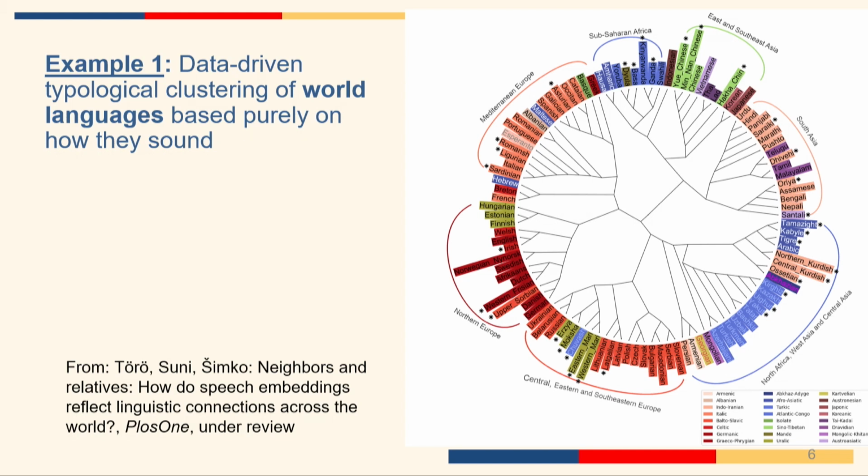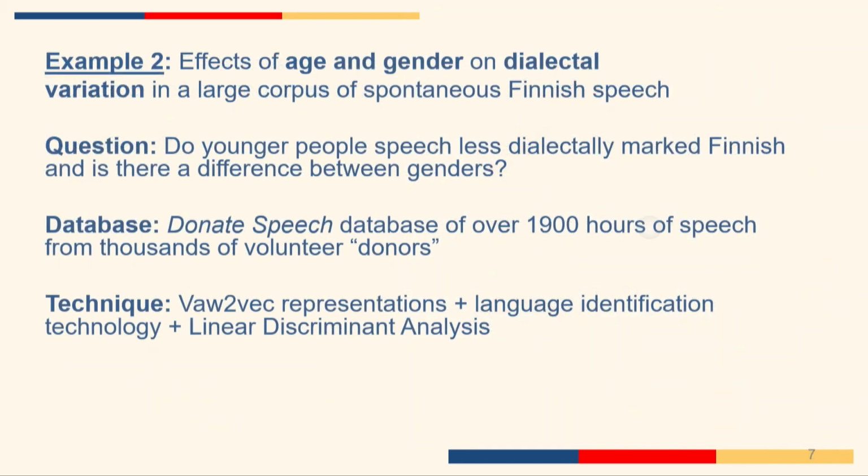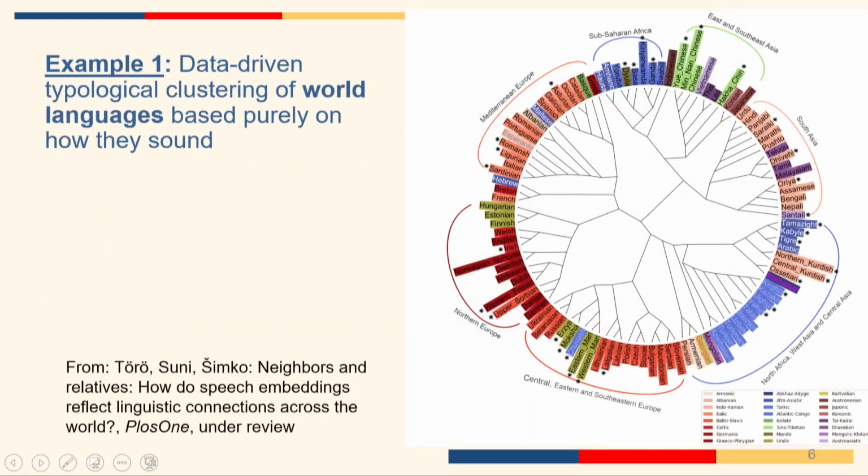It actually works quite neatly, because this branch is sort of Eastern Indian. There is Assamese next to Oriya, Bengali, Nepali, and Santali. And here are Telugu, Tamil, Malayalam, the South Indian languages, and Urdu, Hindi.